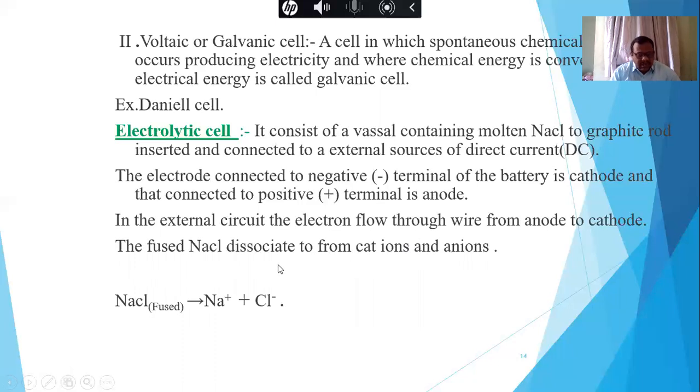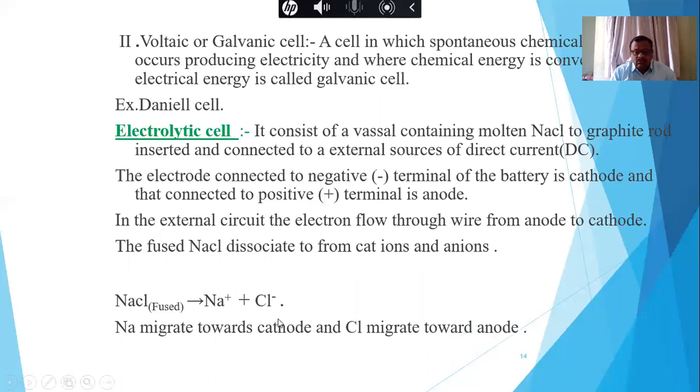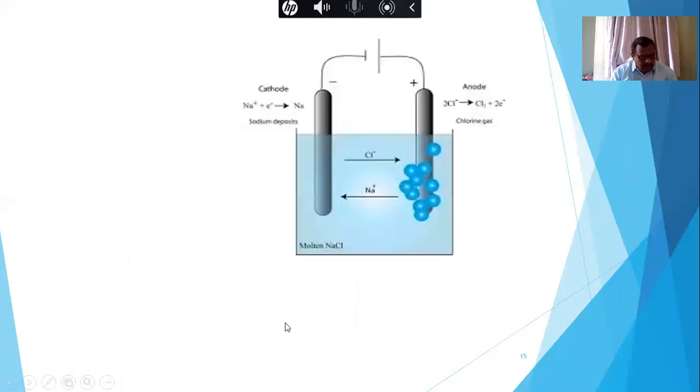Fused NaCl dissociates to form cations and anions. The reaction taking place is NaCl gives Na+ and Cl−. So here the sodium ions migrate towards the cathode and chloride ions migrate towards the anode.